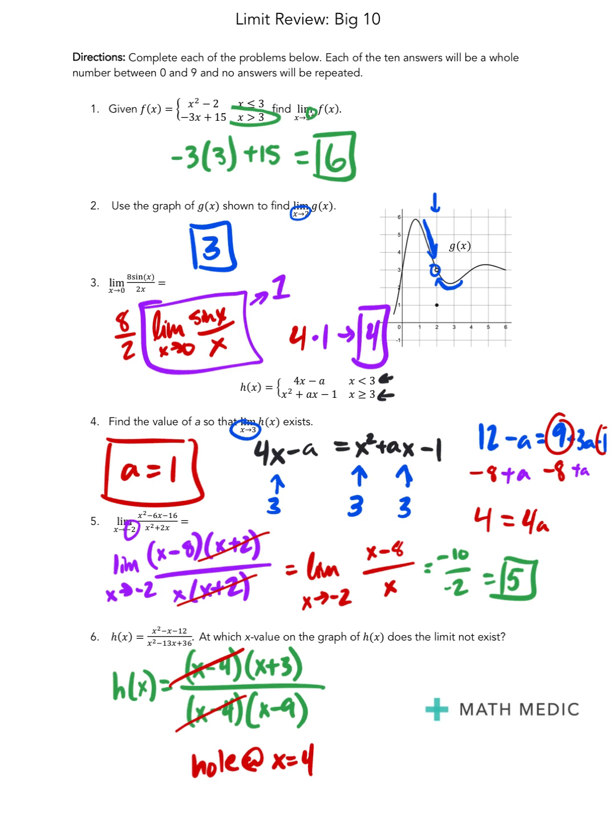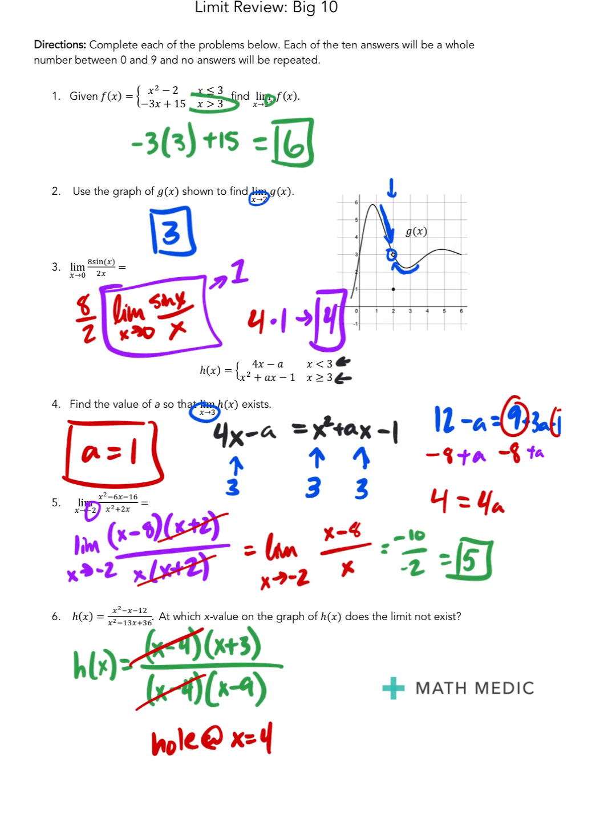So that means that's not a discontinuity. Or sorry, that's not a place where the limit doesn't exist. It's a hole, but the limit exists there because the left and right side limits will match. The place where the graph does not have a limit is where the denominator is 0 that's left, and so x equals 9 is our discontinuity.